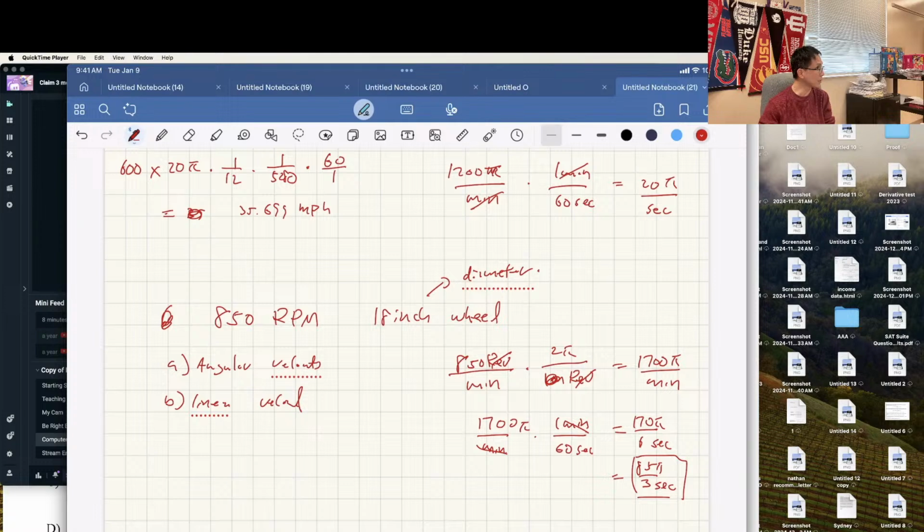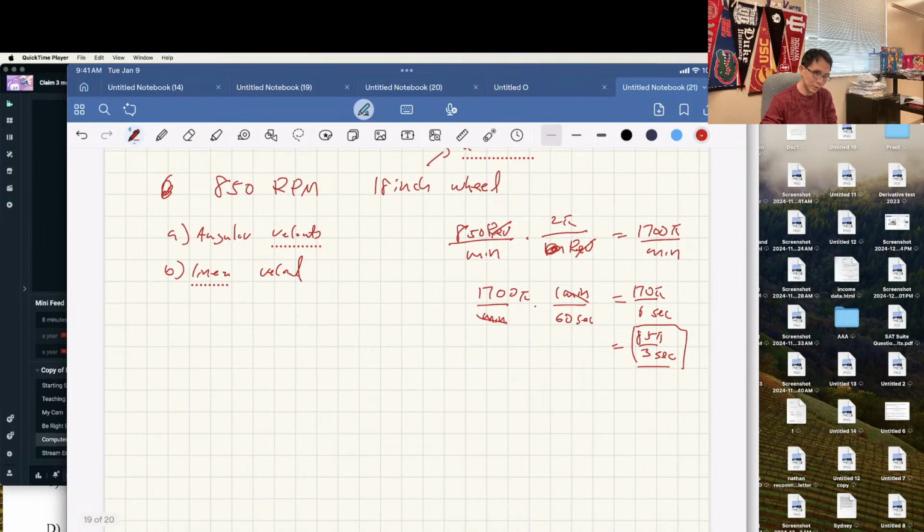Is that okay? Am I going too fast? Anna, am I doing okay? Because I'm just telling you 1 revolution for 2 pi. Next one, you're going to say 850 revolutions per minute.